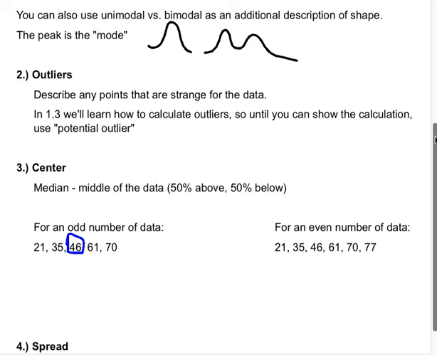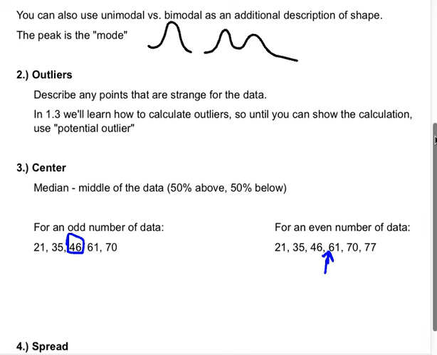And I know in your note packet, I caught it right before I started making the video, I mislabeled odd versus even, so make sure to scratch that off and write the right one in your packet, okay? So the median for odd data is the exact middle. For even amounts of data, notice, the center is in between those two.